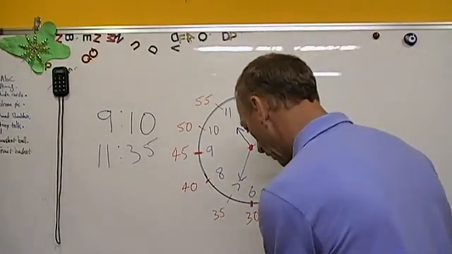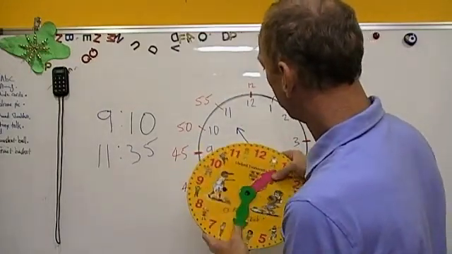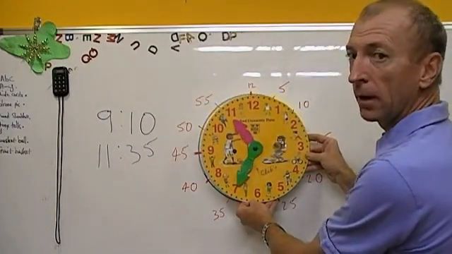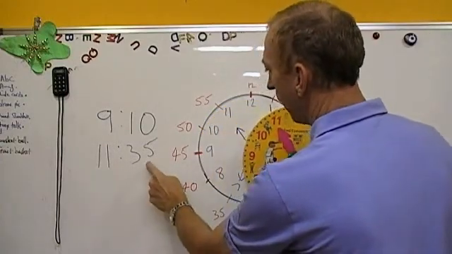So our clock looks like this. 11:35. Okay, left to right, 11:35.